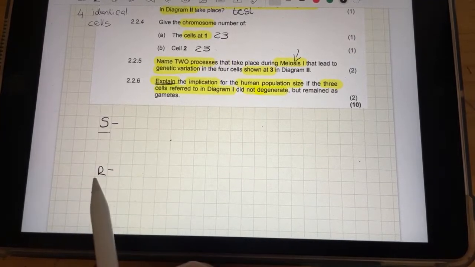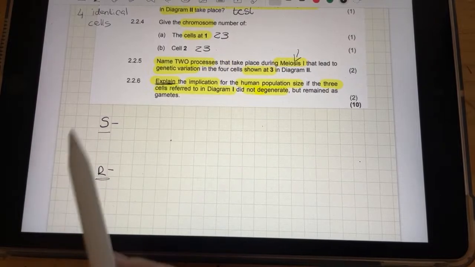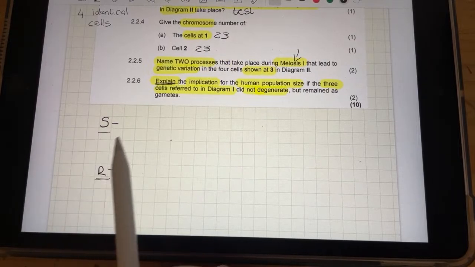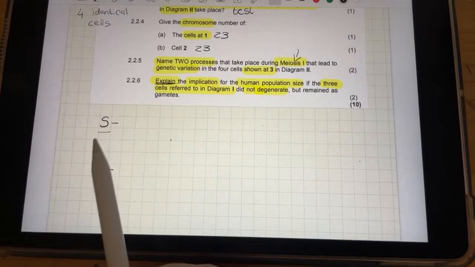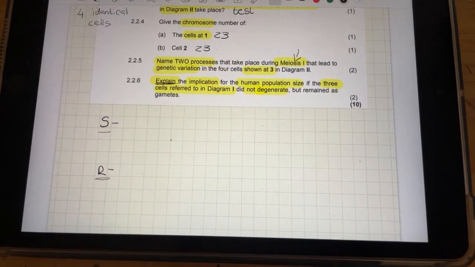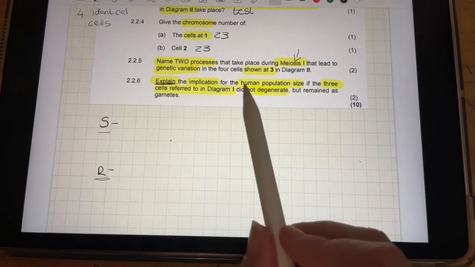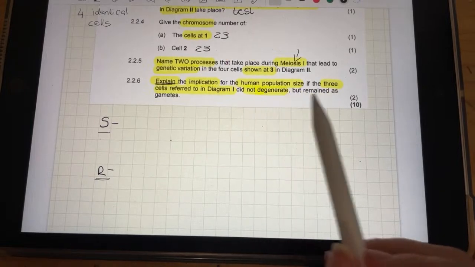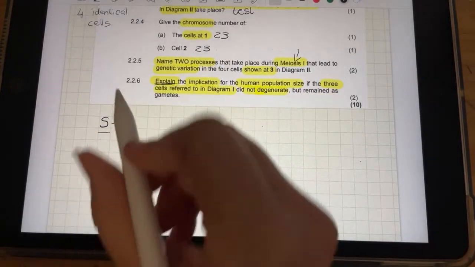And so that's why these two must match one another, right? The statement is often a statement of a fact, and then you are supporting it with a reason as to why that fact, that statement is true or correct. So what is the implication if 3 cells did not degenerate? So statement.